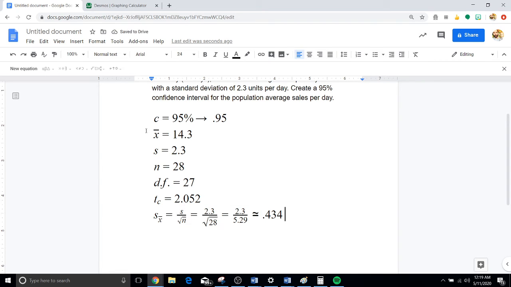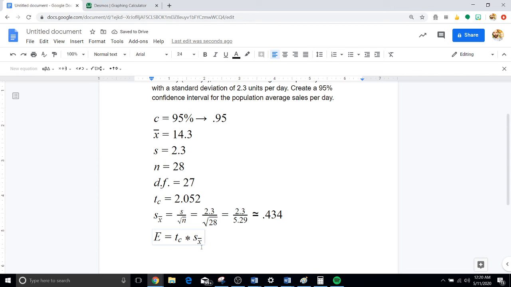All right, last thing we got to do as far as finding our variables is to find our margin of error, also known as E. And that's going to be equal to our T confidence and our standard error multiplied by each other. So we're going to do our T confidence times standard error.